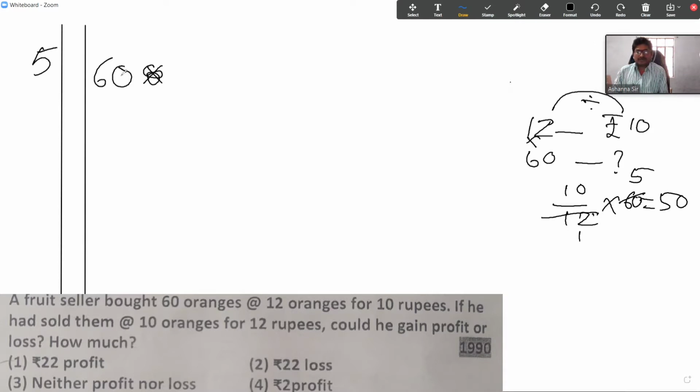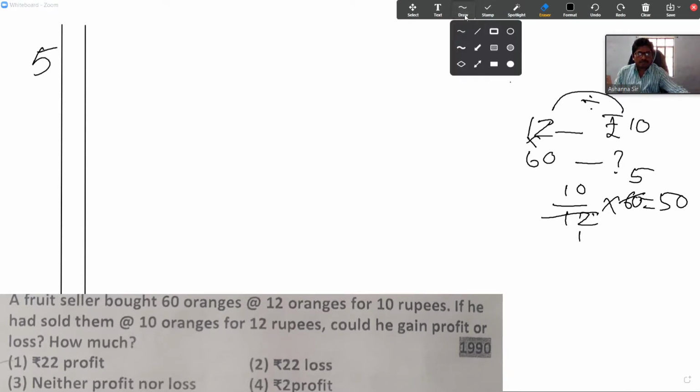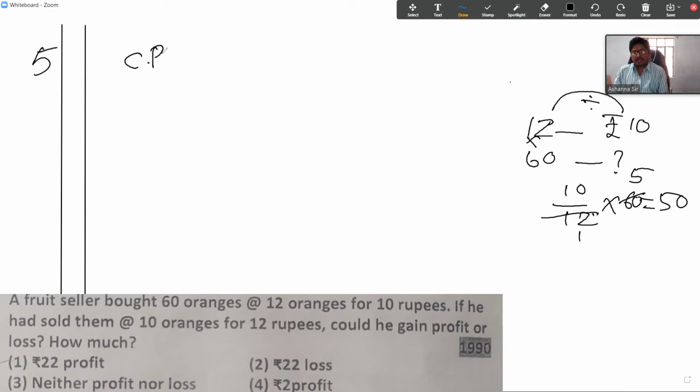So the cost price of 60 oranges is 50 rupees.